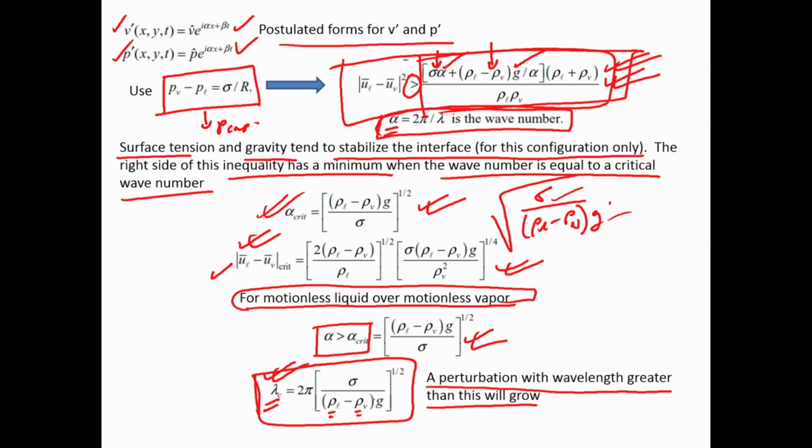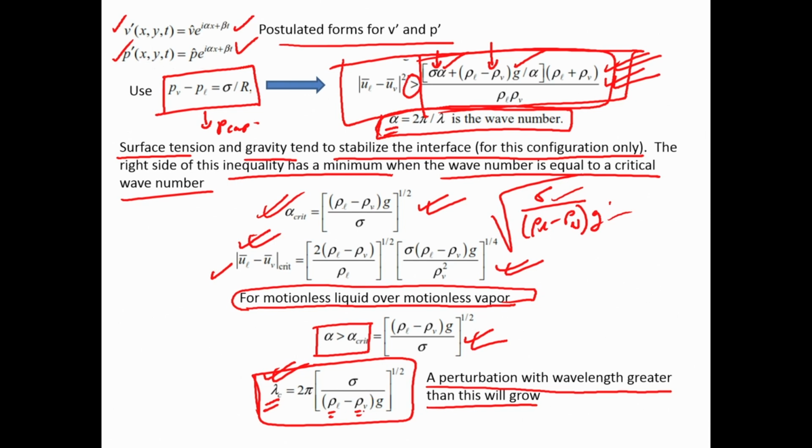So, in order to perturb that interface, you need an exceedingly large perturbation, because that space is very large. Lower than this won't do anything. So, the perturbation needs to have a long wavelength.